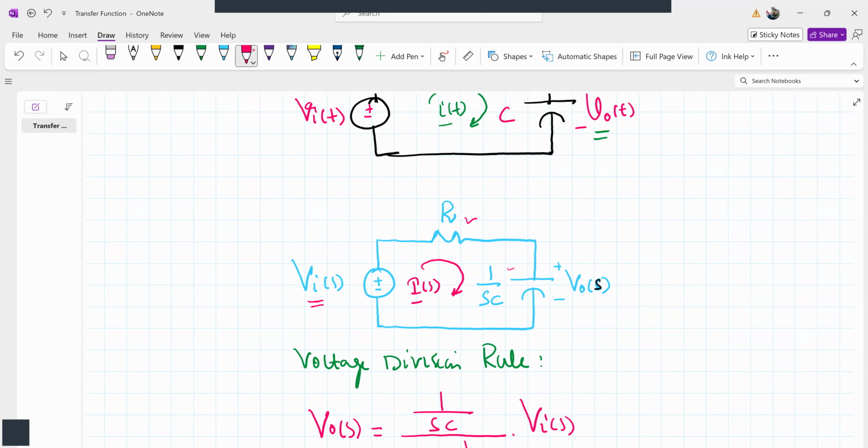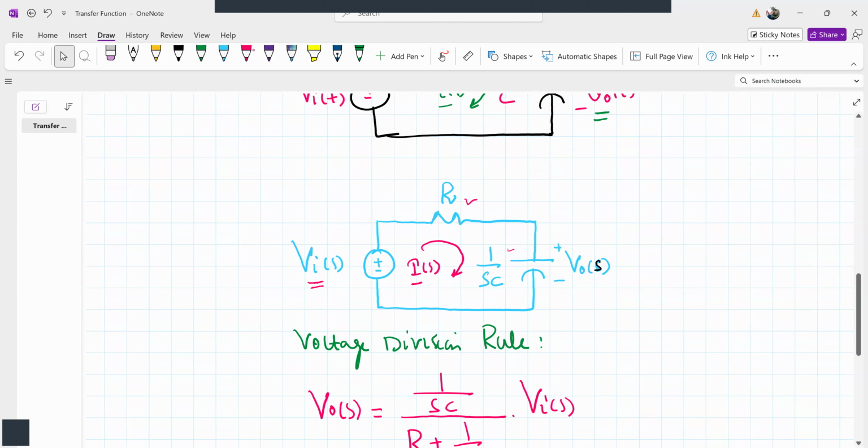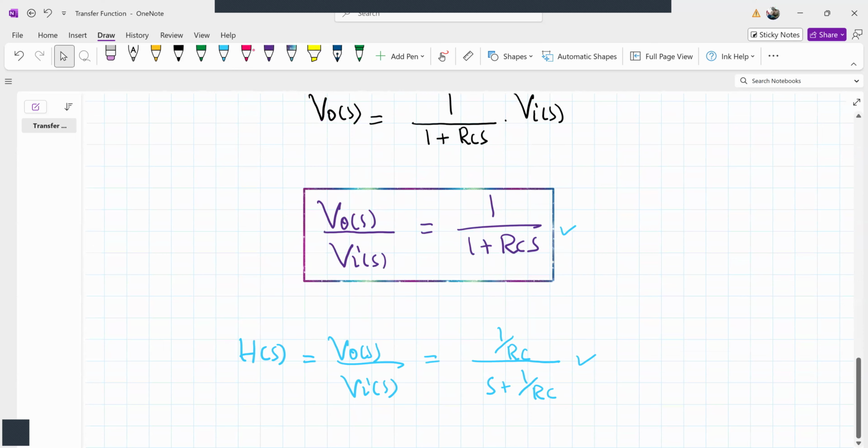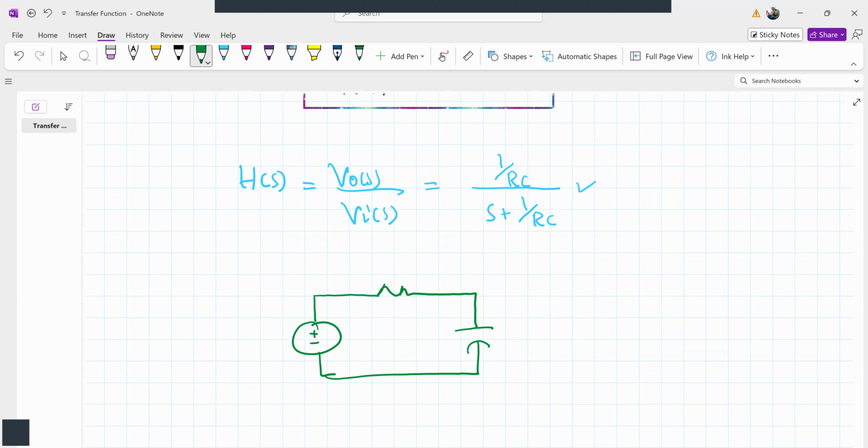If we use simply KVL in this network, we'll get a relationship between the input and the output. So if I redraw this network, this is Vi of S, R, 1 by SC, and now the output is I of S in the transform domain.